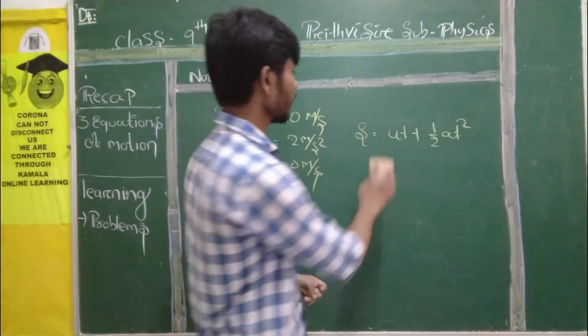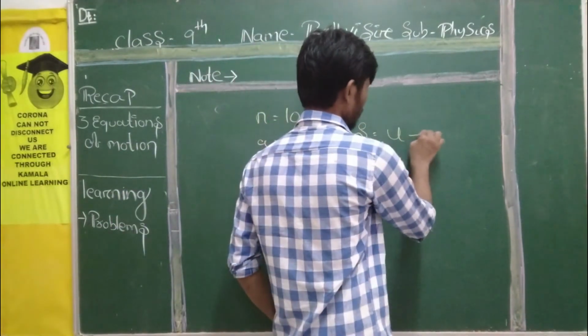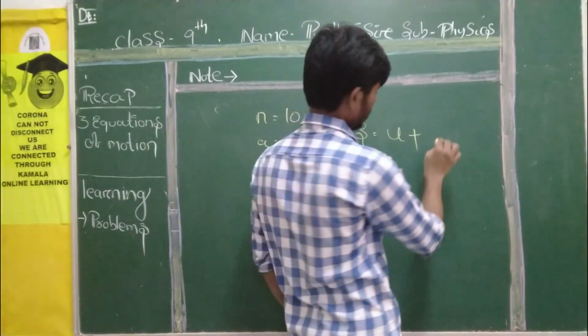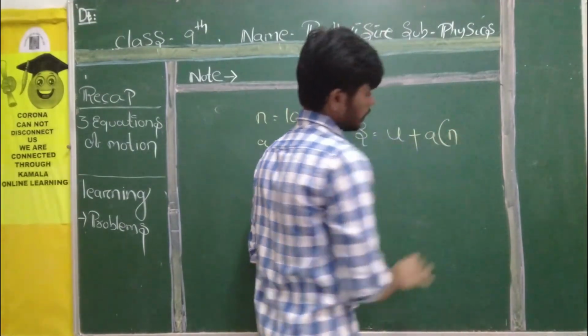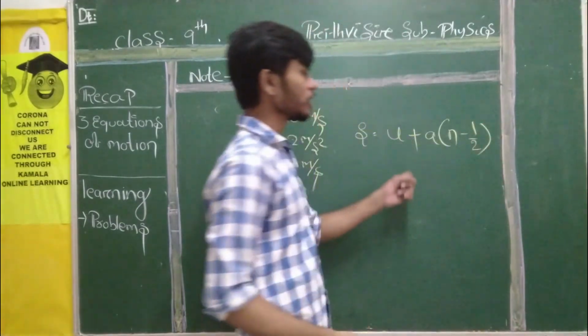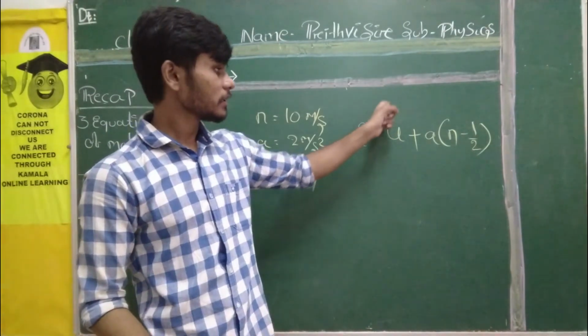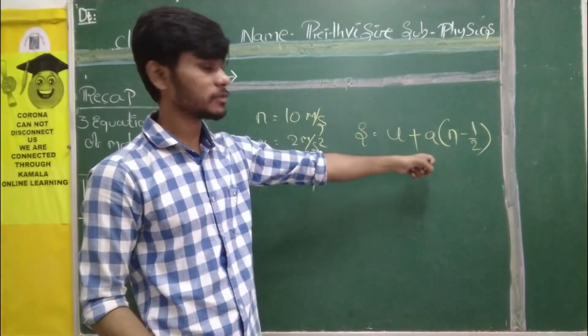We can directly put another formula, which we need to understand: u plus a into n minus 1 by 2. There is another formula you need to remember. For questions that ask about the 10th second, you will apply this formula.